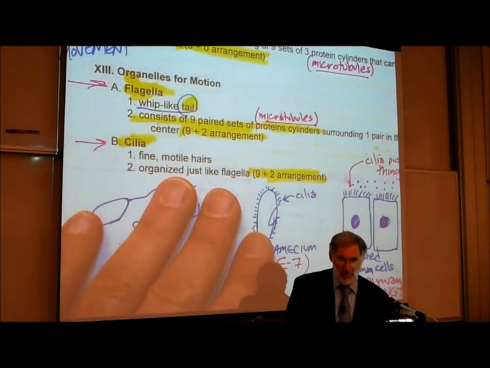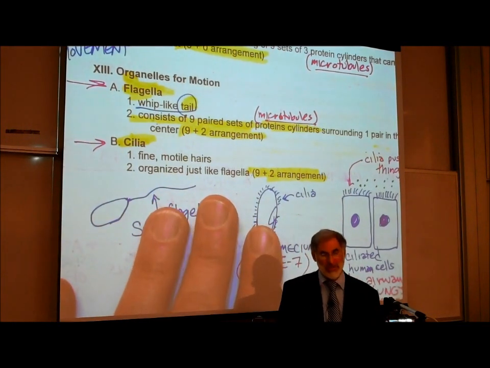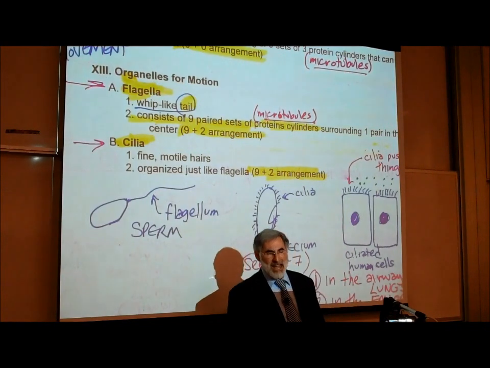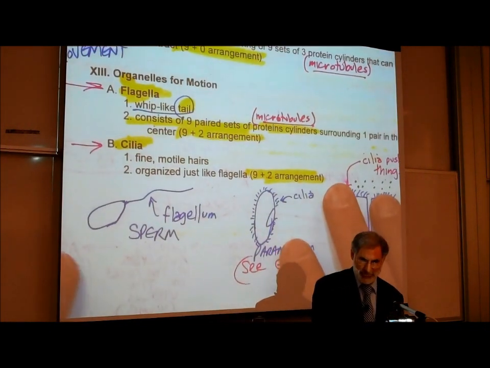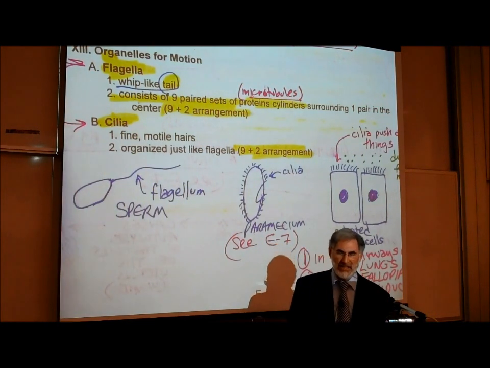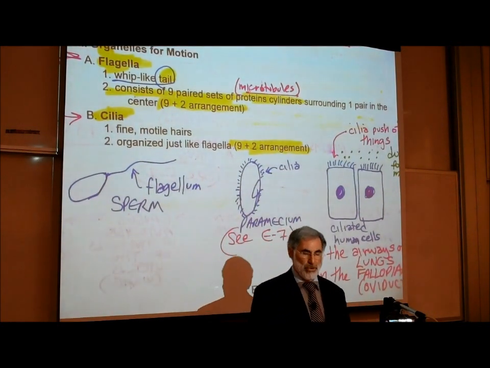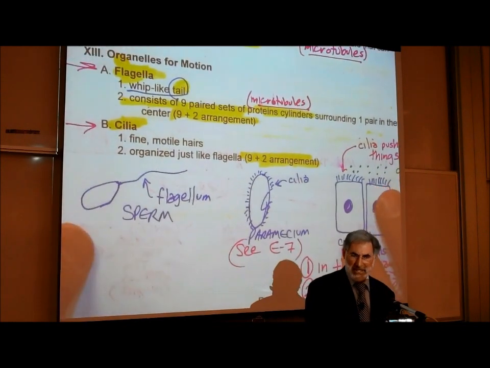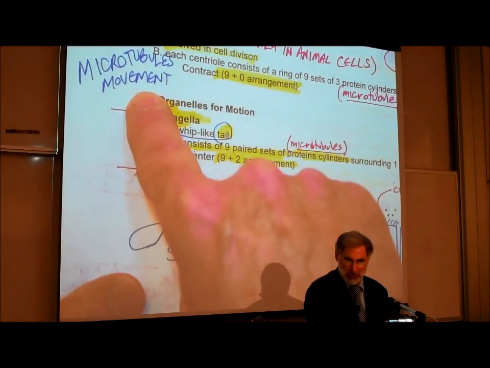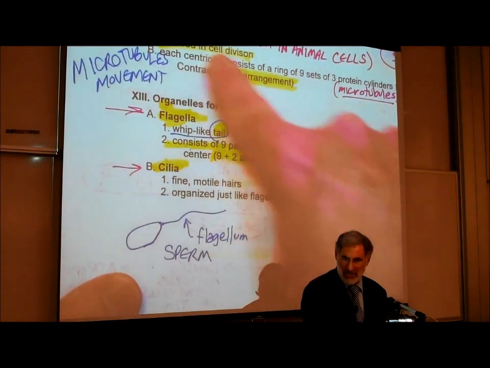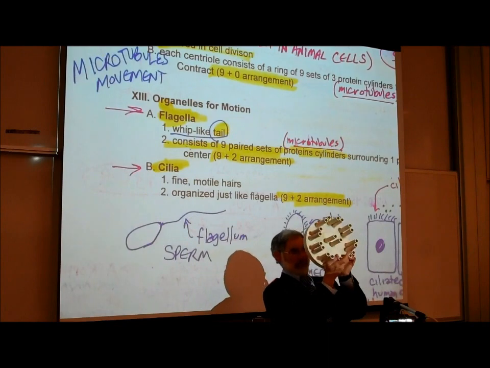The flagellum: there are cells, including human sperm, that have a tail or flagellum that moves, and what's inside them are microtubules. There are cells that have cilia, these cilia are like little hairs that move, and what's inside them are microtubules. So clearly, the basic unit of movement are microtubules inside the flagellum, inside the cilia, or inside the centriole.